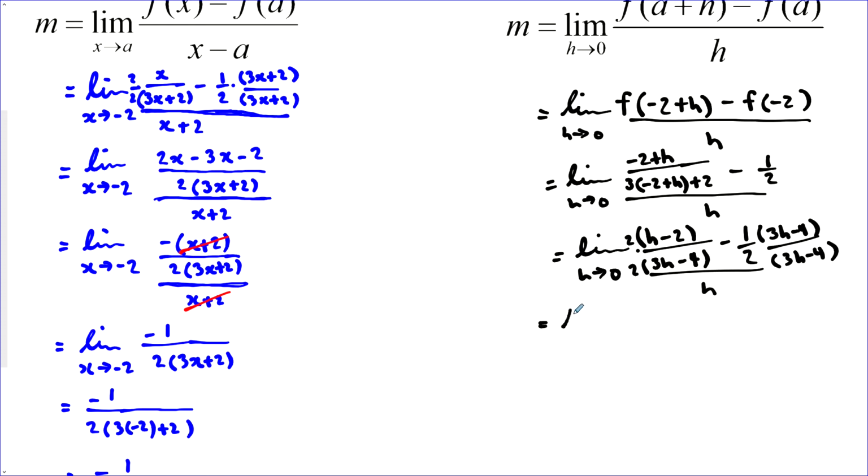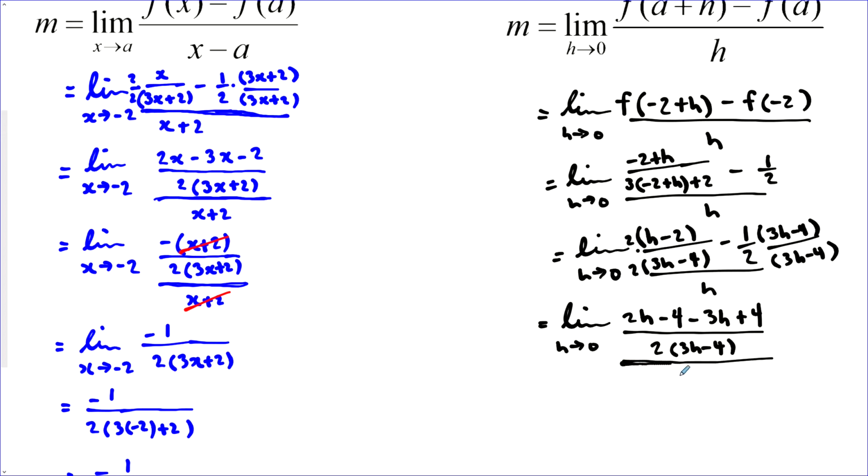Alright, now we have the limit as h approaches 0, and this one will be 2h minus 4 minus 3h plus 4. That's a good sign because that's going to cancel out there. Here we have 2 and 3h minus 4. I'm leaving this factored. And in the very overall denominator would be the h.